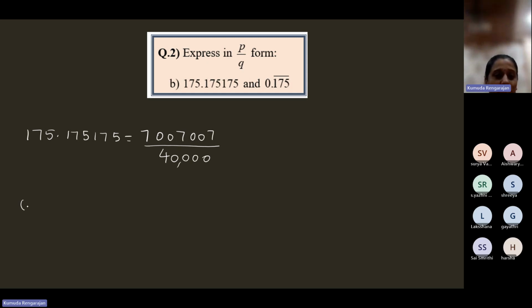And for the second one, 0.175 recurring. So you had to multiply the x equation with which number? 1000, correct. 1000x. What's the P by Q form? Ma'am, I got 175 by 999. Okay, I got this one from Aishwarya.